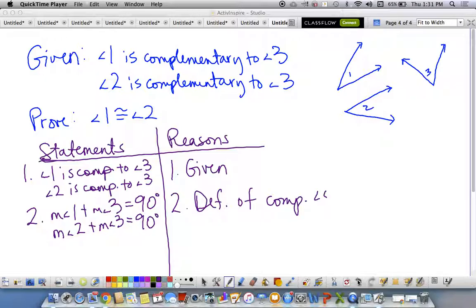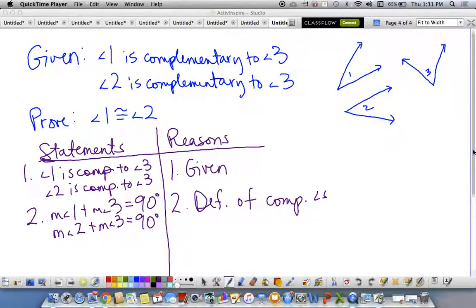Complementary angles. The definition of complementary angles says the sum of two angles equals 90. All we did was say, hey, they're complementary, so I can write an equation.